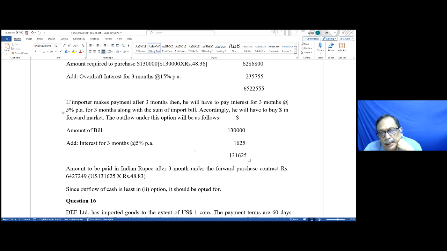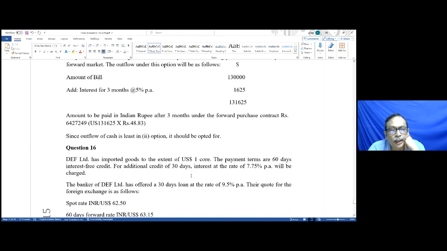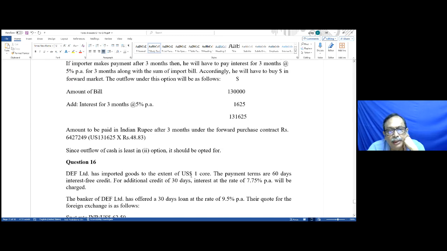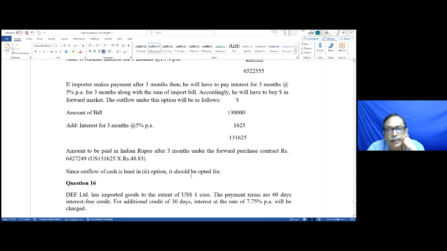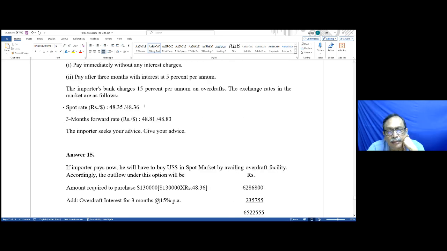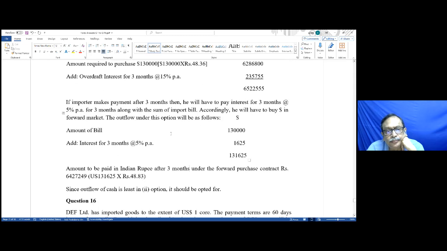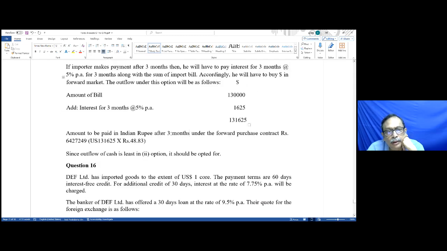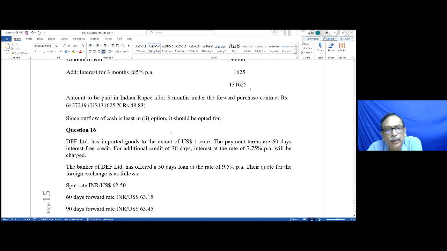Amount to be paid in Indian rupees after 3 months under the forward purchase contract will be US dollar 131,625 multiplied by 48.83. That is given. So it comes to 6,427,249.